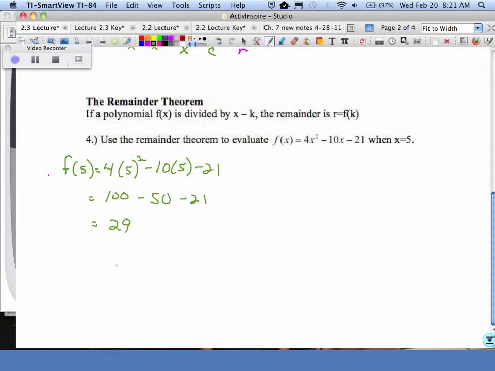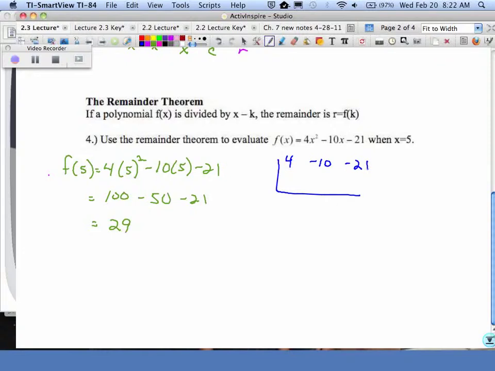So when I plug in 5, does it make the polynomial equal to 0? No. So what do you know? That x minus 5 is not a factor. If I do the same thing with synthetic division, 4, negative 10, negative 21. Now remember, this is kind of the reverse.